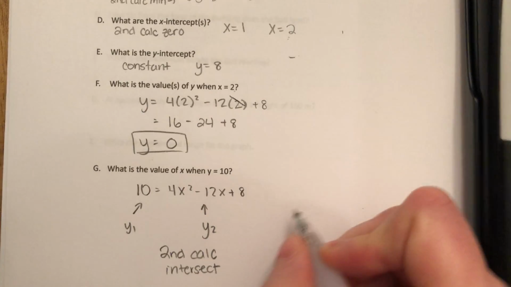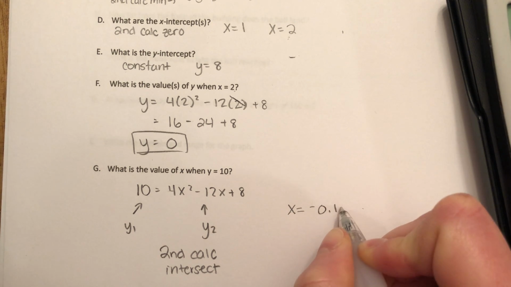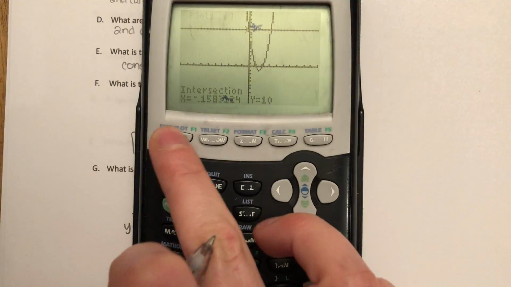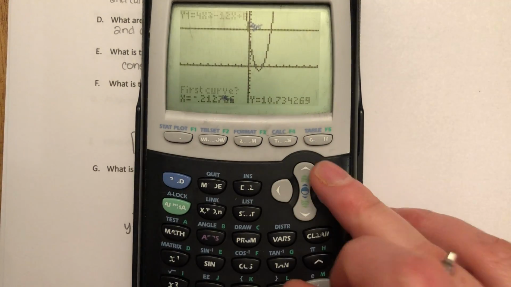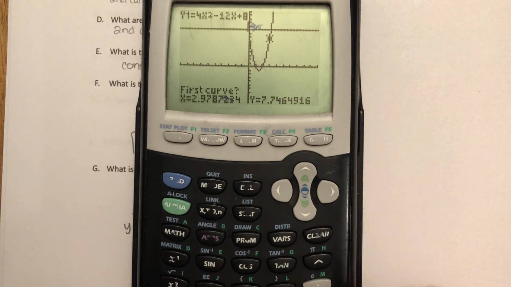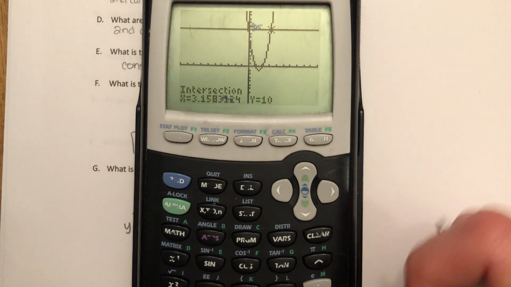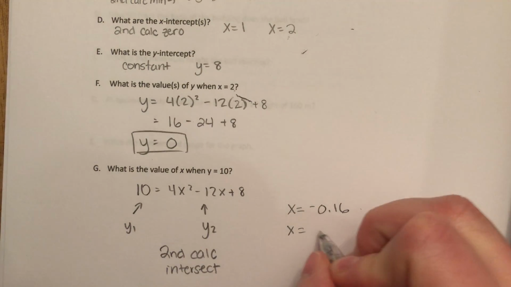So I get 2 values of x: x is equal to negative 0.158 and so on, so -0.16. And then for the other one, again I need my first curve, my second curve, and my guess needs to be closer to this one this time. So x is equal to 3.16.